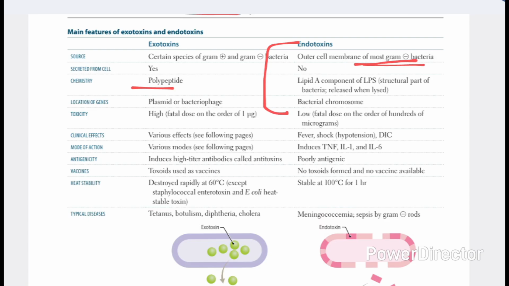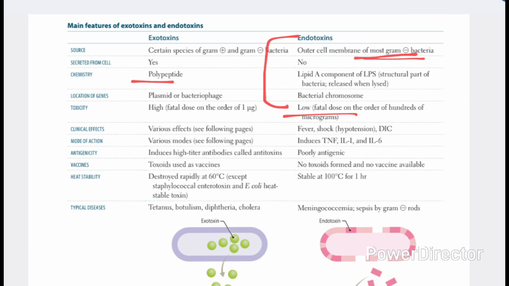Clinical effects of exotoxins are various, as we will study in our subsequent sections, and they act via various modes of action, inducing high antibody titers called antitoxins. They can also be used in vaccines, and they are rapidly destroyed at 60 degrees centigrade, except the Staphylococcus enterotoxin and E. coli heat-stable toxins.